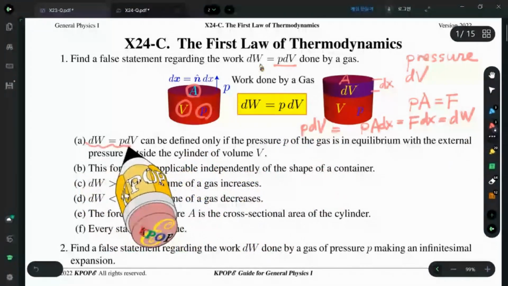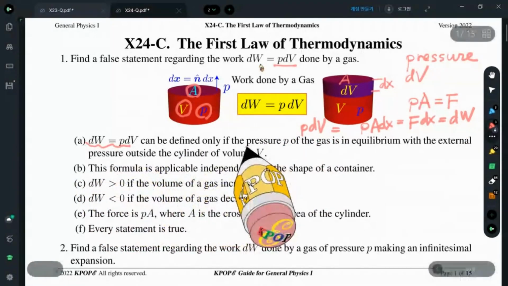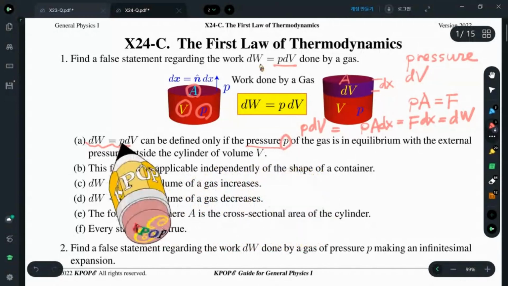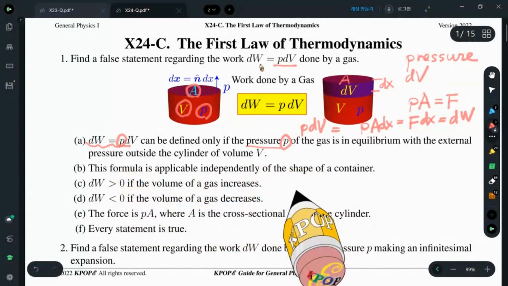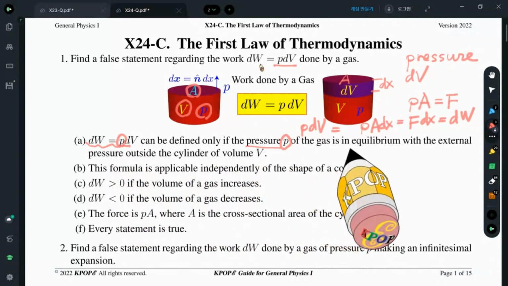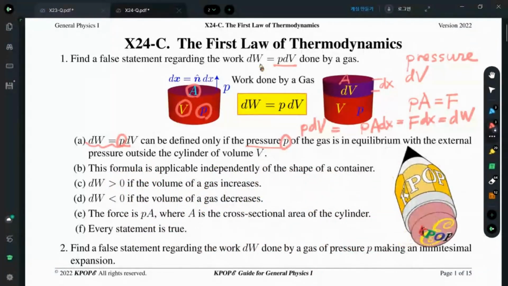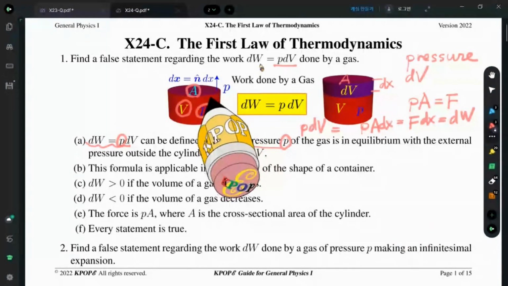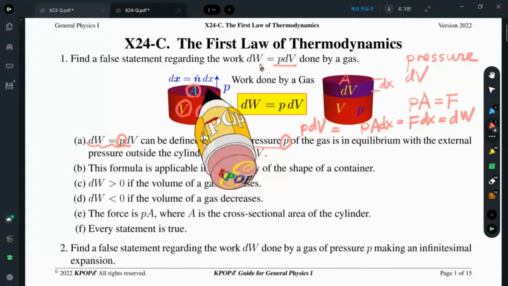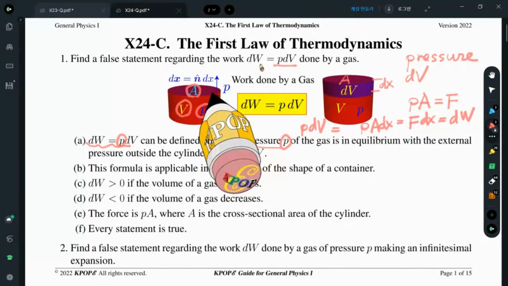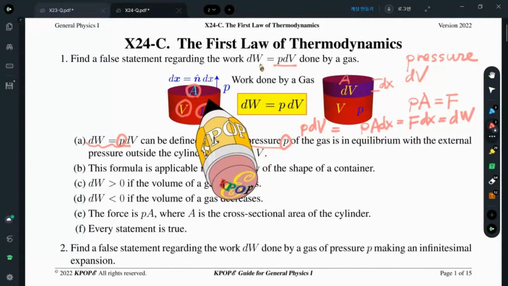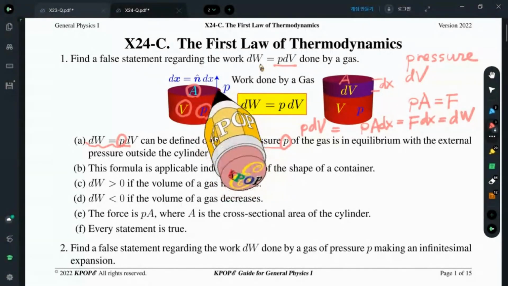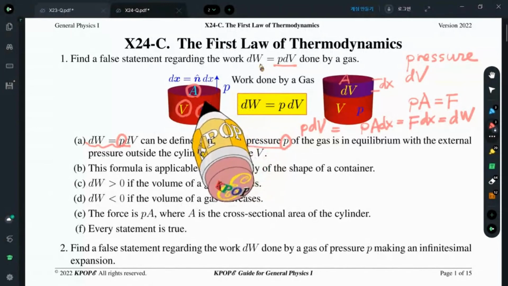This is defined only if the pressure P is well defined. That means the gas is in equilibrium at some temperature with the external pressure outside the cylinder of the volume. So the pressure inside and the pressure outside should be the same, and they make an equilibrium.